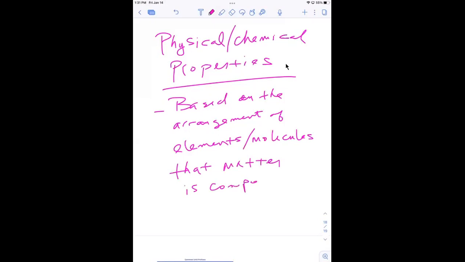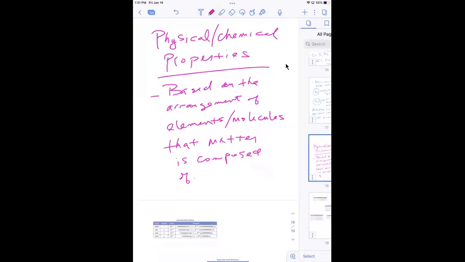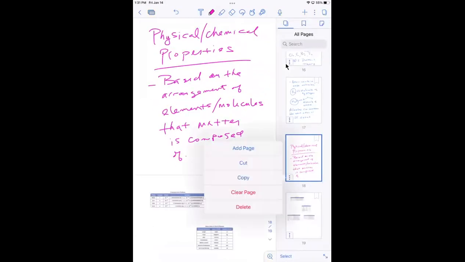So the elements and the molecules that matter is composed of, how they're arranged, that's really going to account for the properties that you observe for that particular type of matter, right?